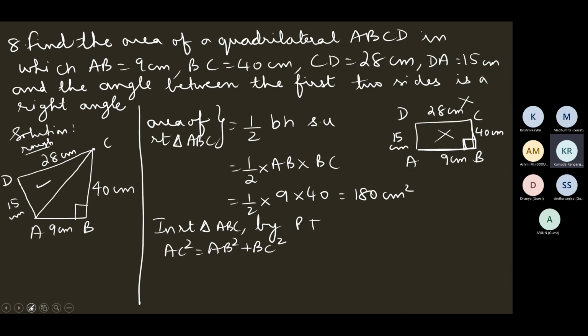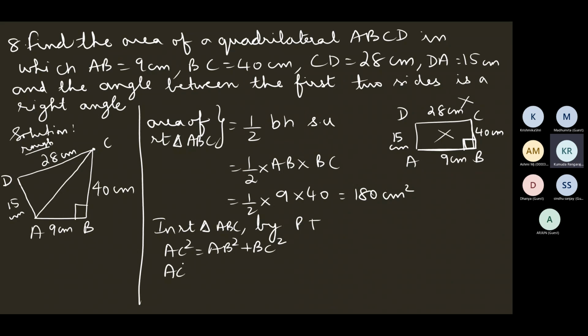The answer is that ADC is not a right triangle. We cannot apply Pythagoras theorem in any triangle; it should be a right triangle. Pythagoras theorem can be applied only in a right triangle. ABC is a right triangle, so we apply it there and find AC.